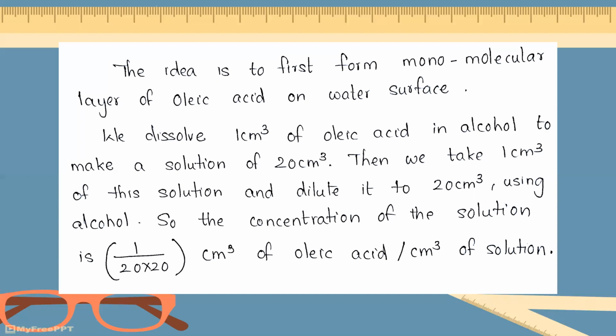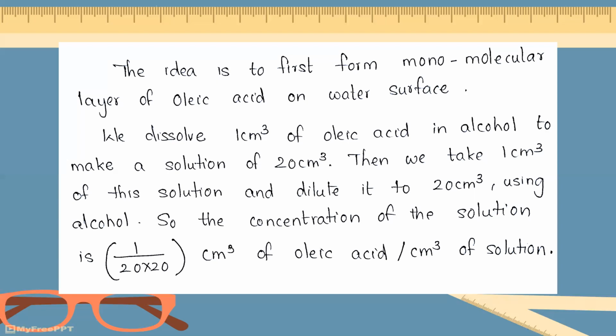Then we take 1 centimeter cube of this solution and dilute it to 20 centimeter cube using alcohol. Listen carefully. First, we took a 1 is to 20 ratio of oleic acid and alcohol. That means one part of oleic acid, 20 parts of alcohol. You formed one liquid.